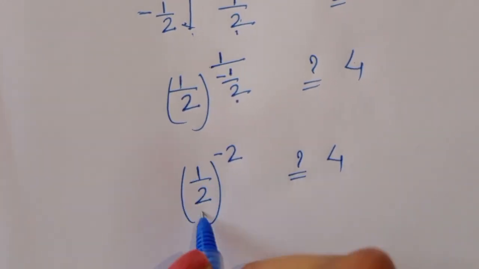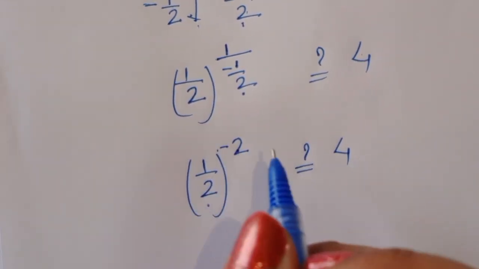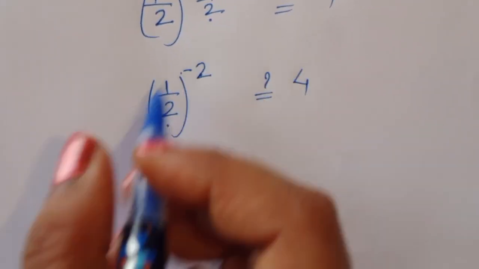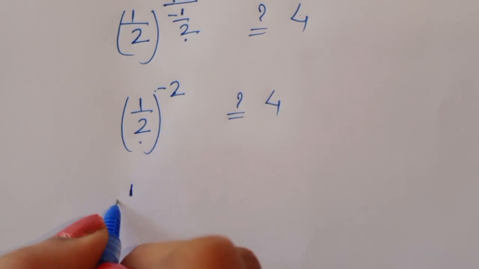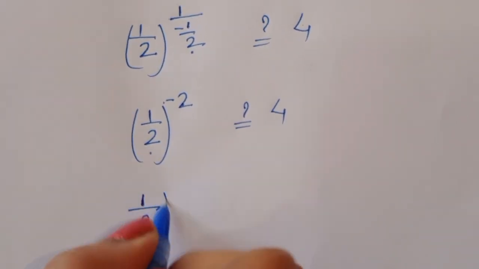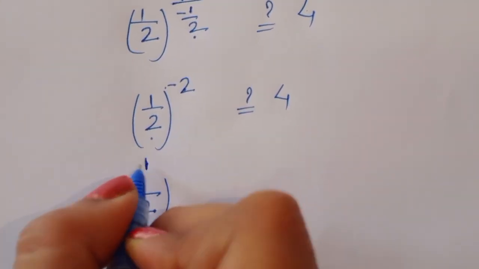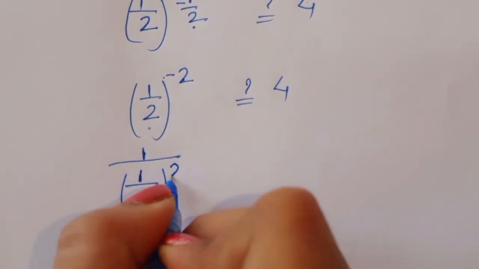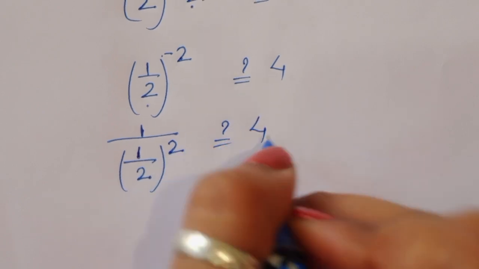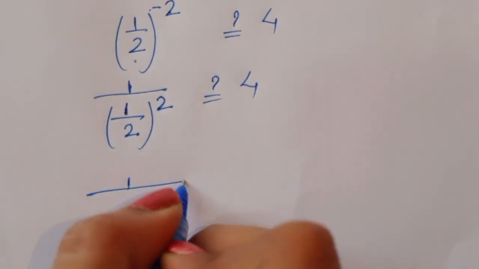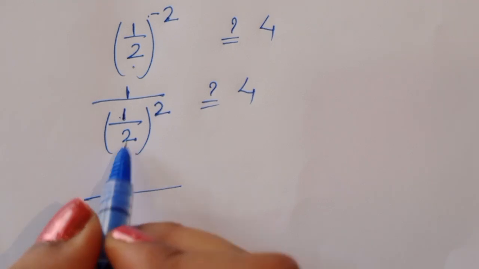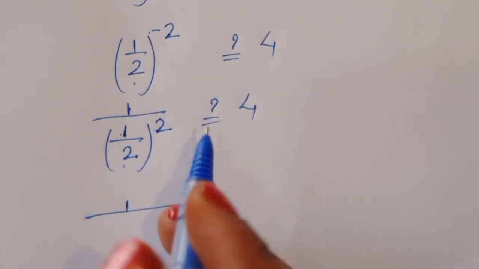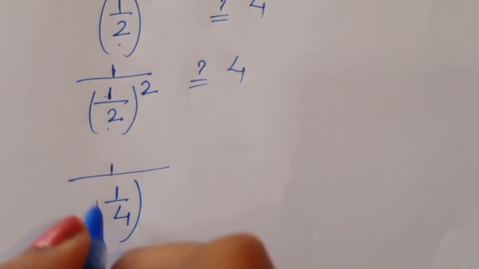Now 1/2 to the power -2: if we want to make the power positive, we can write 1 to the power 1 upon 2 to the power 2. Now 1 divided by (1/2)², so (1/2)² is 1² which is 1, and 2² which is 4. So we can write 1/4.